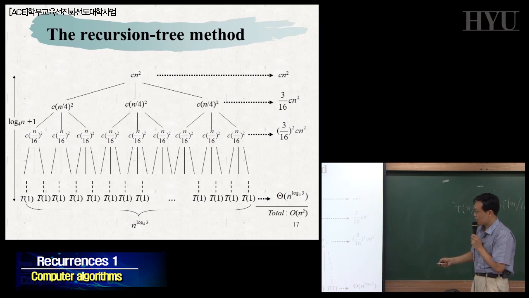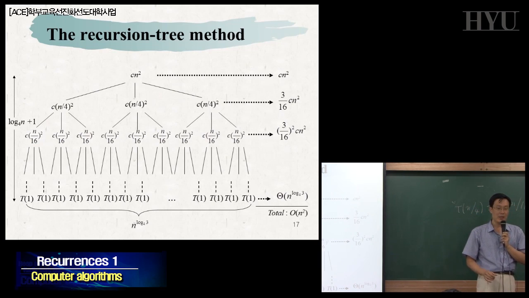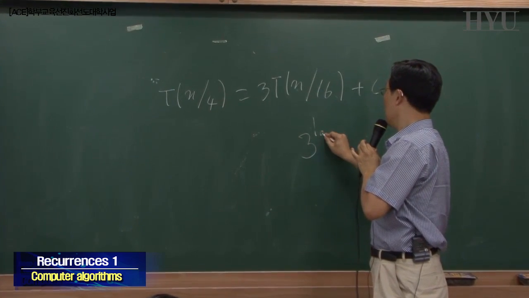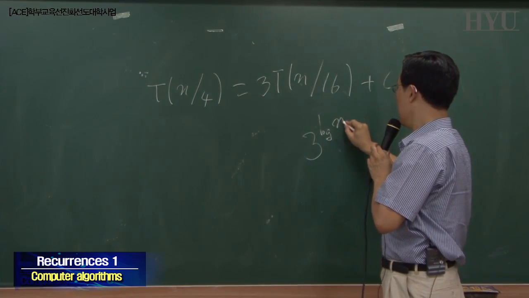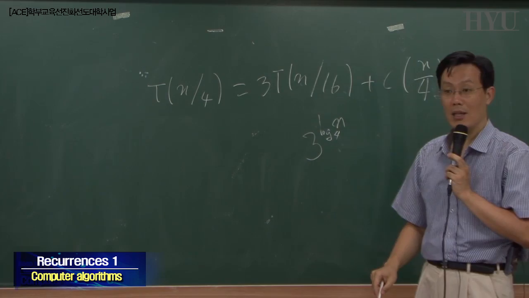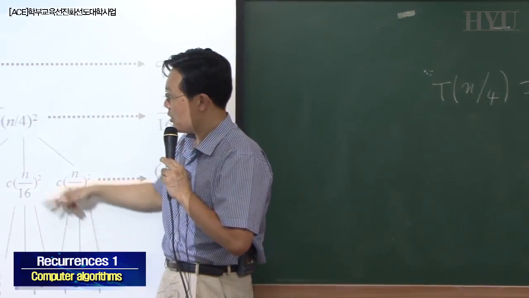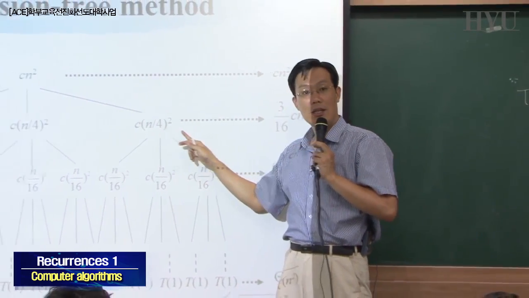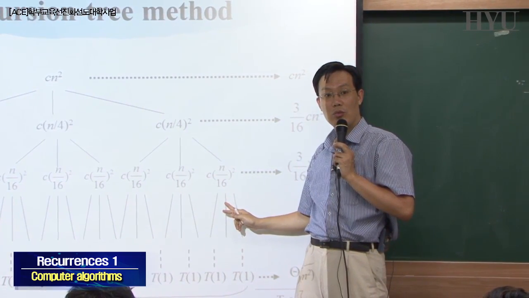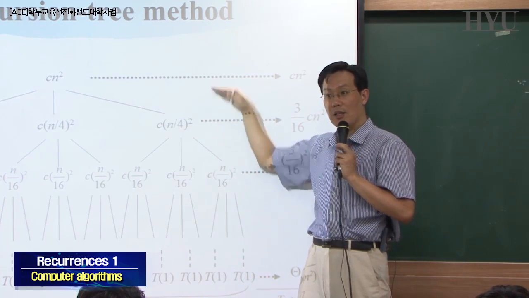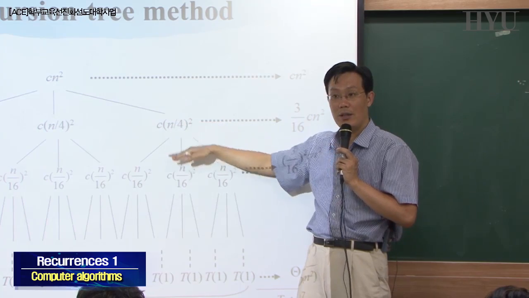And then let's add up all the terms in the deepest level. How many T1s are there? Yes. Log n base 4. Why? Look at this. The number of T1s is 3, 9, 27. So it triples at level 1, level 2.